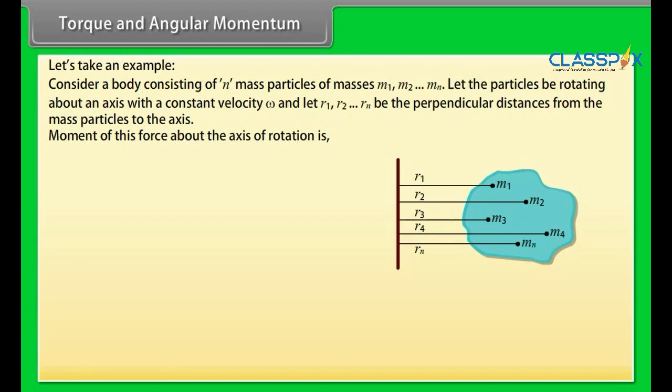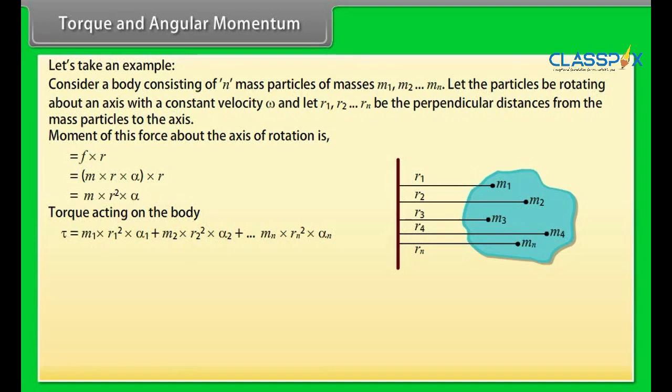Moment of this force about the axis of rotation is equal to F into r. By putting the value of force, we get m into r into alpha into r, which is equal to m r square into alpha. Torque acting on the body is given by tau equals m1 r1 square alpha 1 plus m2 r2 square alpha 2 plus and so on till mn rn square alpha n.